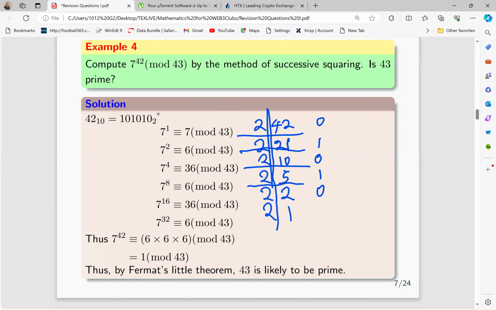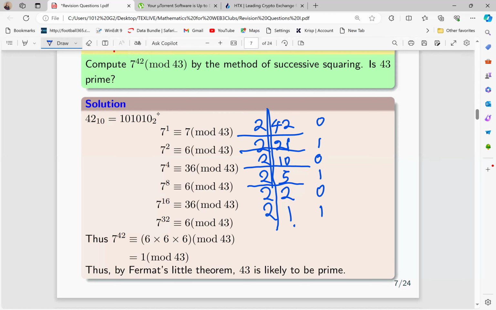Then 1 divided by 2, we're going to get 0, remainder 1. So we start from down here, we're going up.